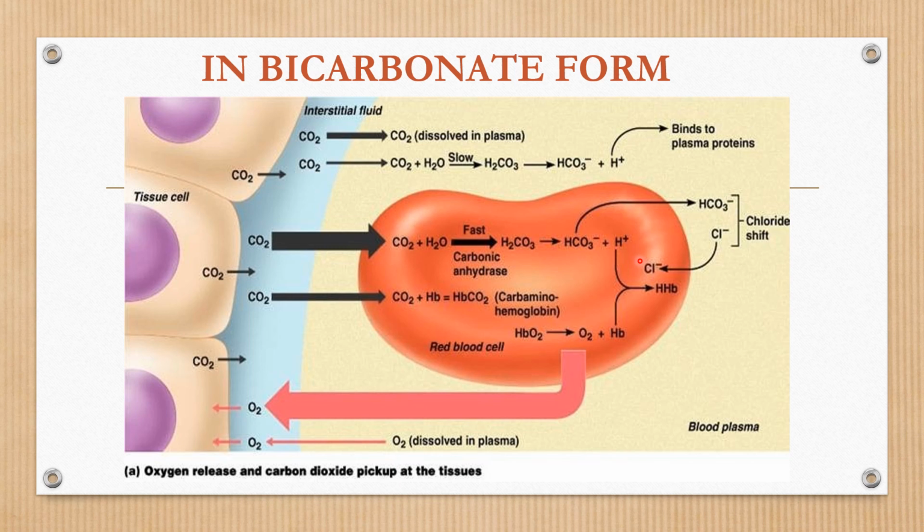One important point here is that because of this chloride shift, the total number of ions inside the RBCs increases. So the osmotic pressure inside the RBC becomes higher than that of plasma, which causes osmotic absorption of fluid.